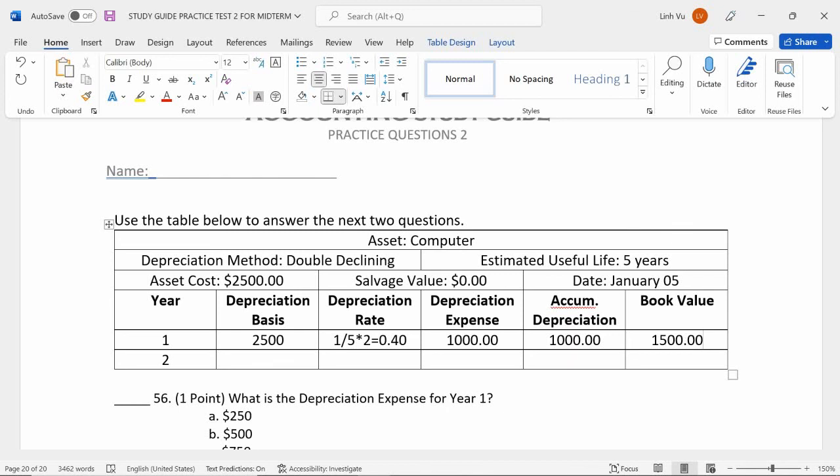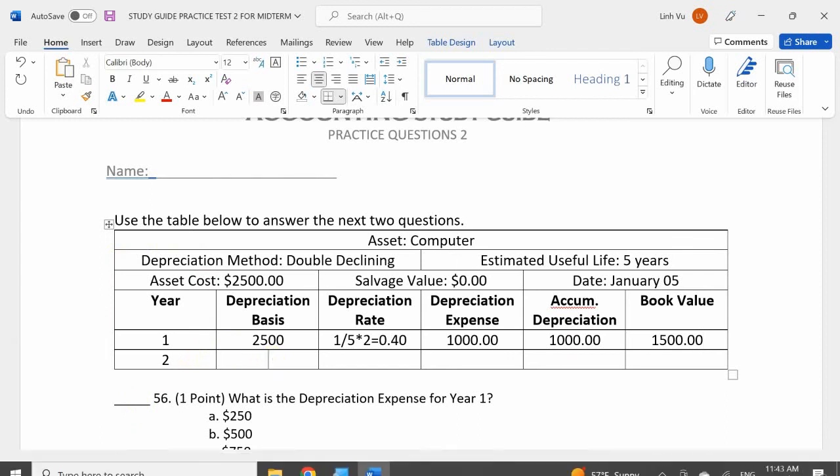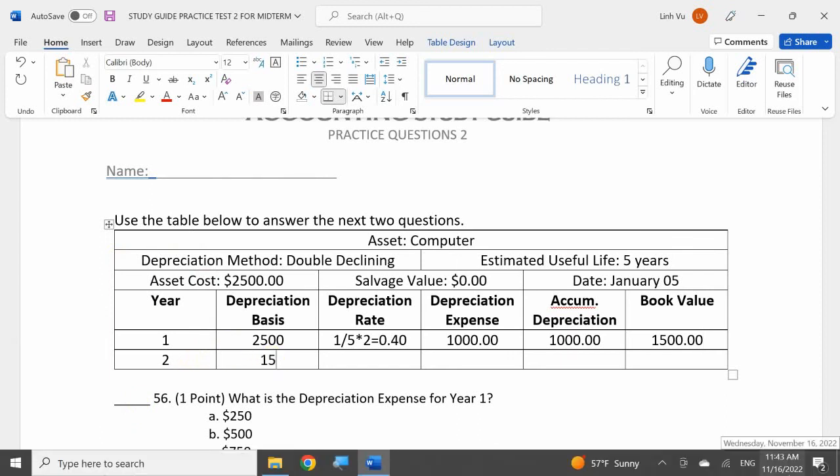Now, for year 2, depreciation basis is going to be the beginning of the year's book value. The end of year 1 becomes the beginning of year 2, so therefore, it's going to be $1,500. Your rate is still going to be the same, 1 divided by the estimated useful life times 2, which gives you 40%.